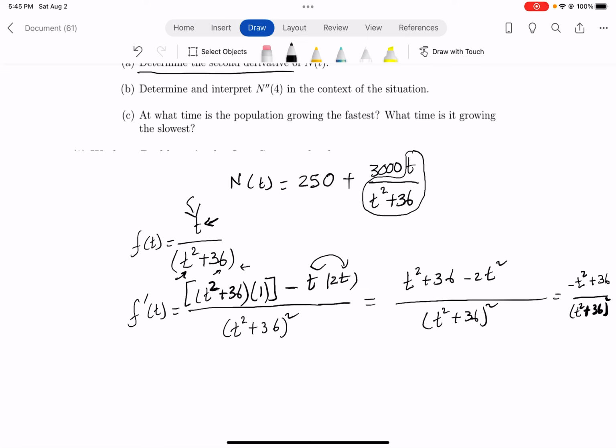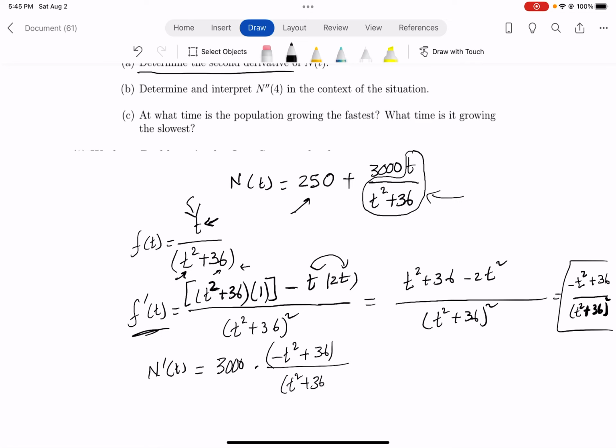Now you're going to find the derivative of N dash t. We find the derivative of this function: the derivative of the first one is 0, and the derivative of the second one is 3000 times the derivative of that term, minus t squared plus 36 over t squared plus 36 squared. That's the derivative.